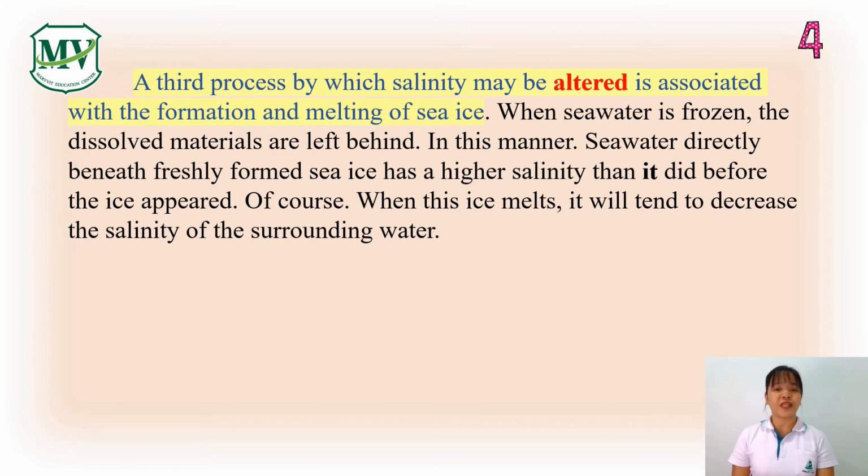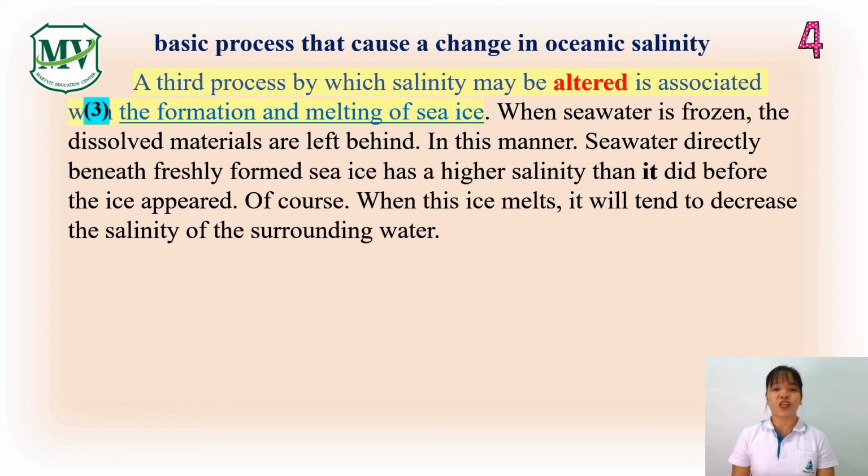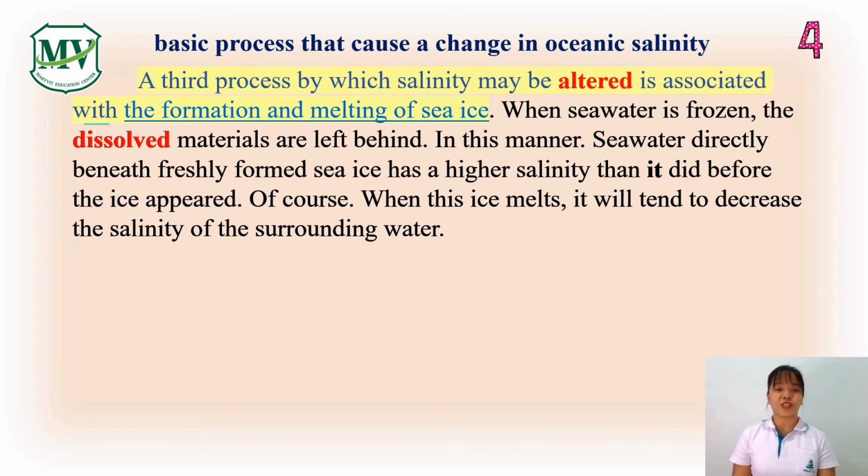Then, the third basic process that causes change in the oceanic salinity is associated with the formation and melting of sea ice. This formation is when the seawater is frozen and then the dissolved materials are left behind. Dissolve here means absorbed by the liquid.